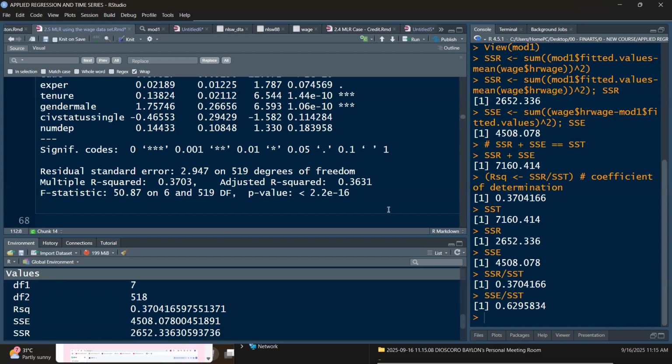So based on the principle that the simpler the better, if you can explain hourly wage with fewer variables, that's better. Instead of having 100 variables, if you can explain it with only 10 variables, which is better?